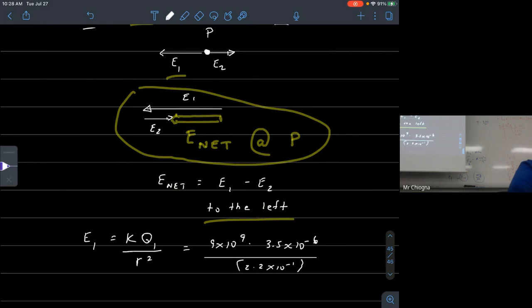Don't forget to square it. This becomes very important. Later on, we're going to come up with an expression where there is R, not R squared, in the denominator, so be very careful. When calculating the field, you need to square the denominator, same thing as force.